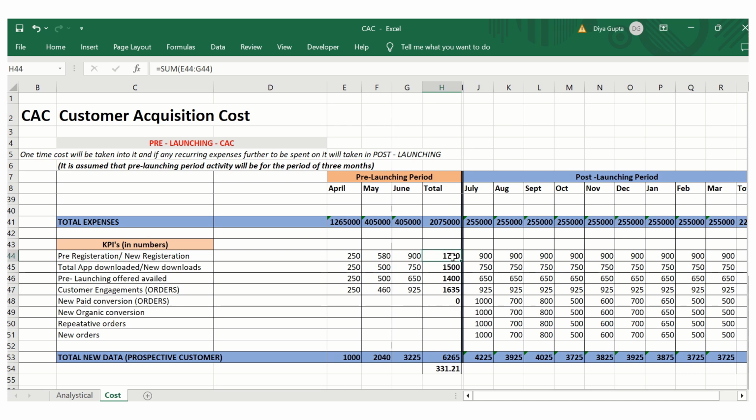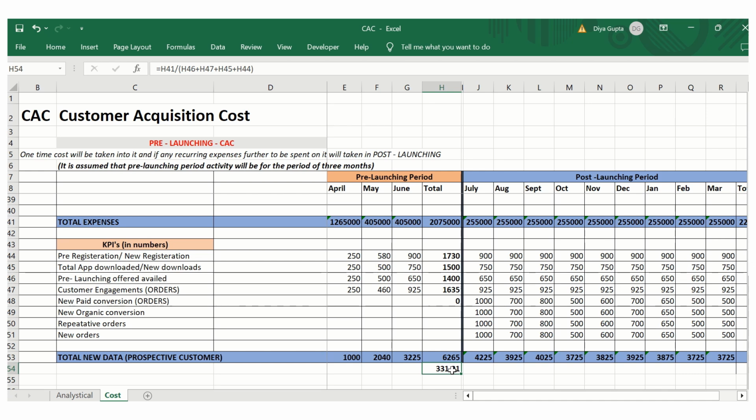When people have registered, only after registration could you do this, so you can take only the registration. You can divide the total expenses by the total number of registered people, and you will find the CAC per registered customer. This will help you in managing things, and these are the customers who will definitely buy your product.